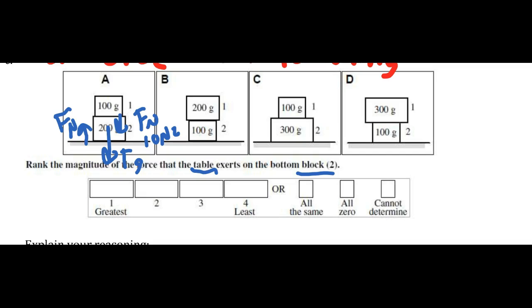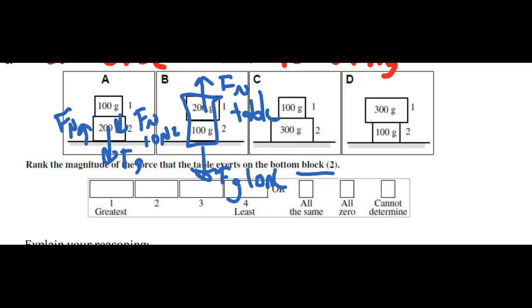What I like to do is, since I have all these interactions, look at the entire system. The entire system has a force of gravity of 1 and 2, and pushing back up on the big box is the force normal of the table. Granted, that's only touching the bottom block.